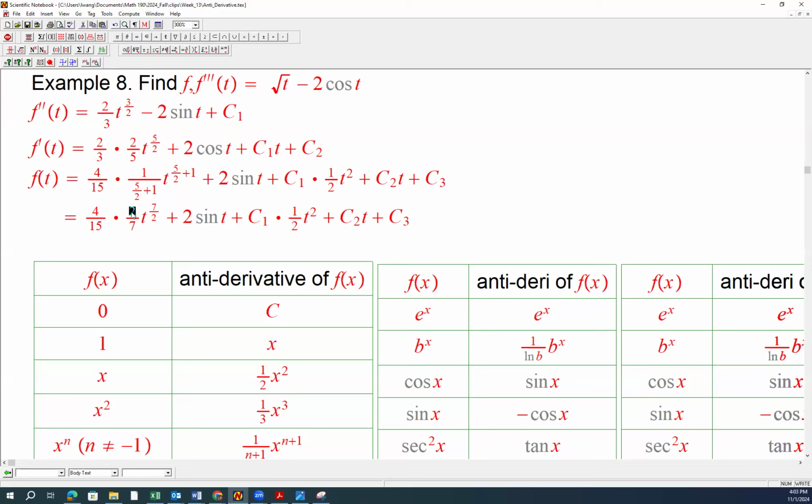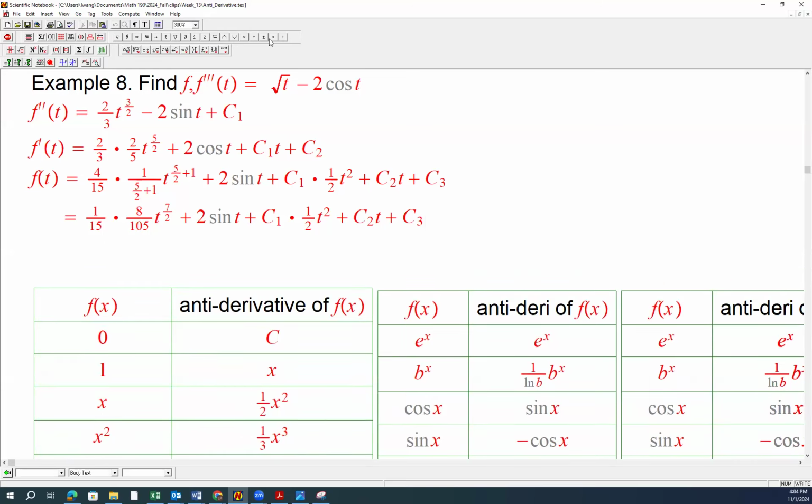So this is gonna be 8 over 15 times 5. 15 times 7, let me just double check.